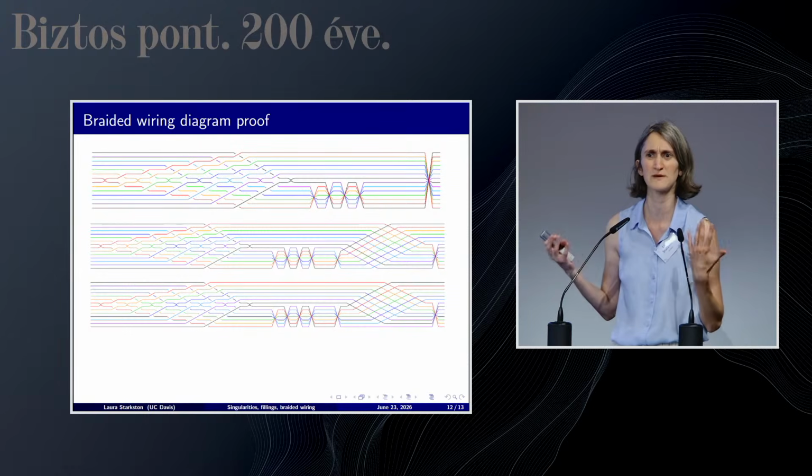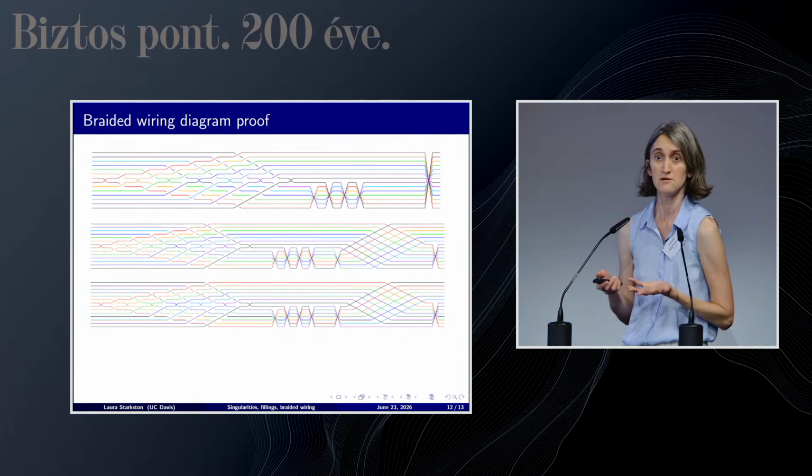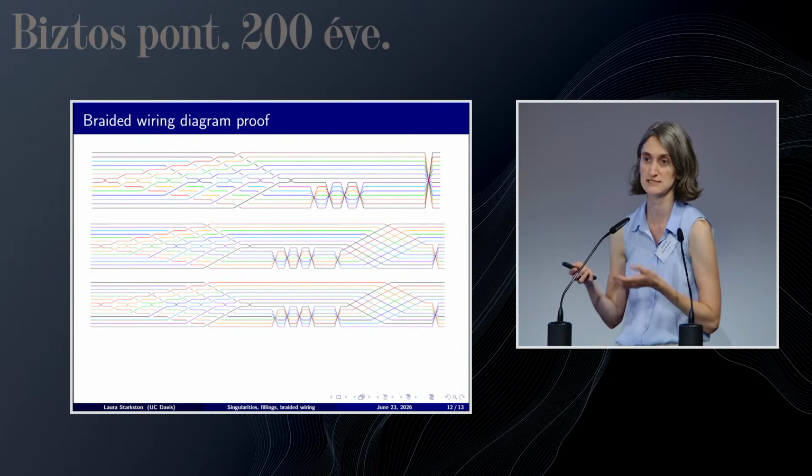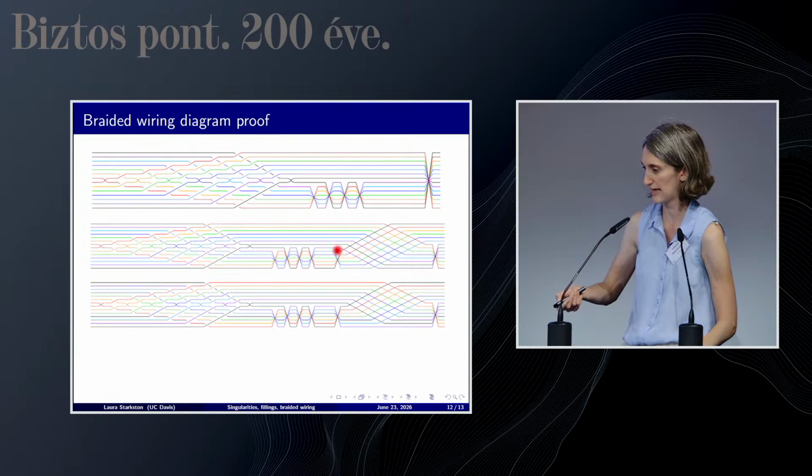That actually corresponds to a deformation. It's definitely not preserving the singularity types, but it is preserving the total monodromy because it's just a deformation of the lines. And then going from the second picture to the third picture, we're just taking the black strand up here and joining it with these guys that we're intersecting here.